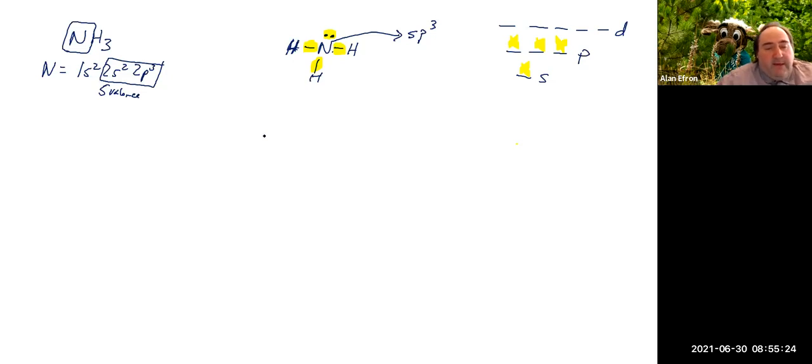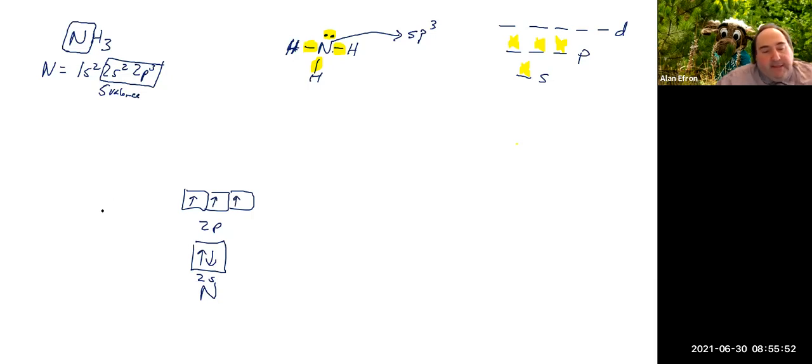Well, if we focus in on nitrogen, our central atom, we have our 2s and our 2p, and to start with we have our 5 valence electrons: 2, 3, 4, and 5.